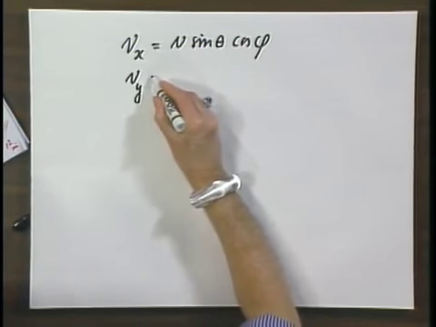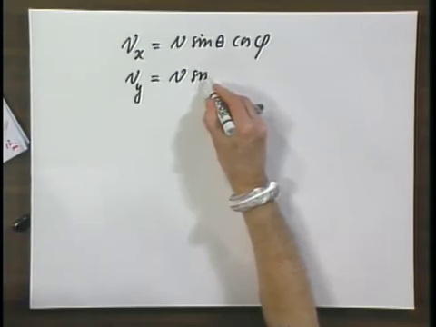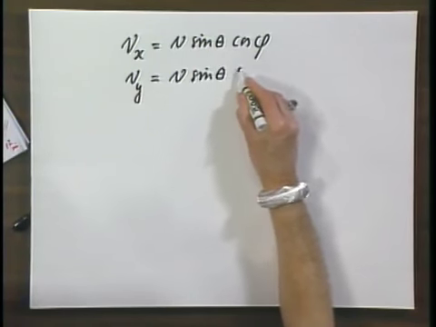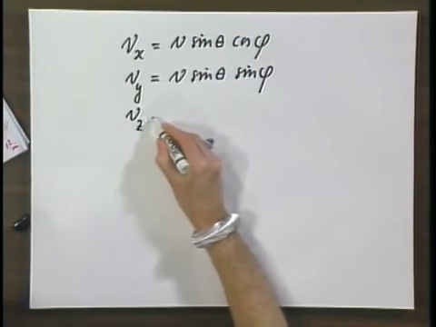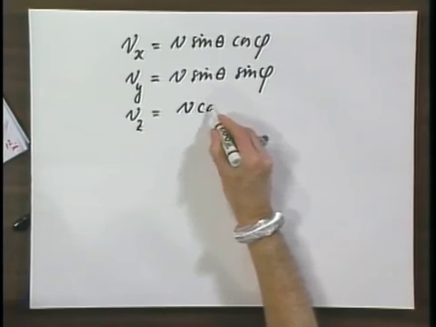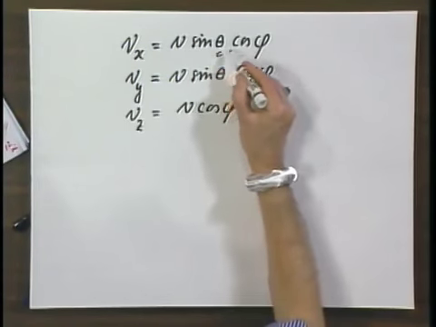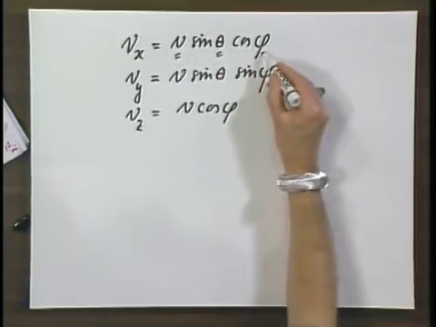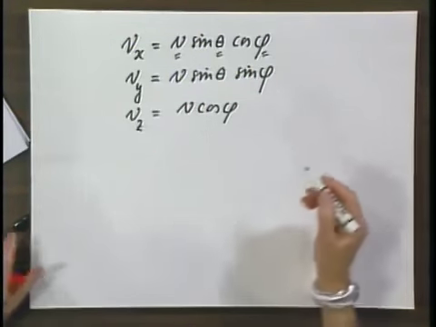Vy, the component in the y direction, equals v sine theta times the sine of phi, and Vz, the component in the z direction, equals v cosine theta. So if you know theta, you know v, and you know phi, you can find easily all these three components.